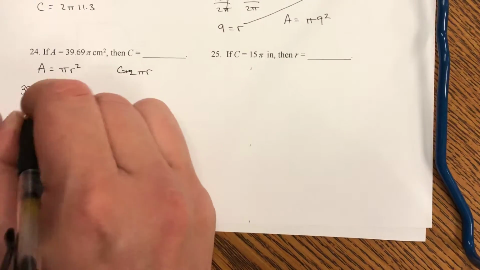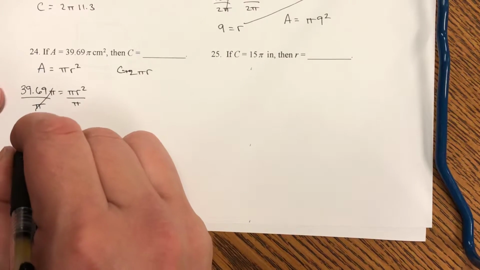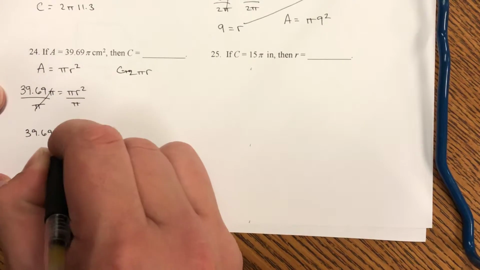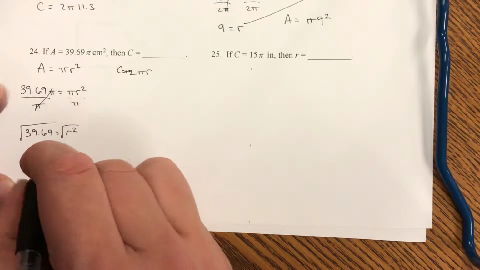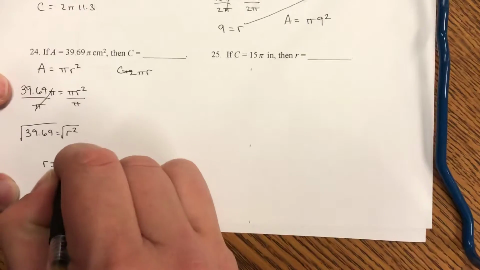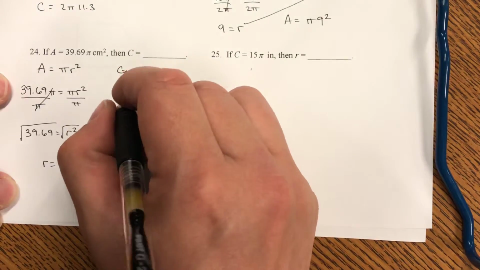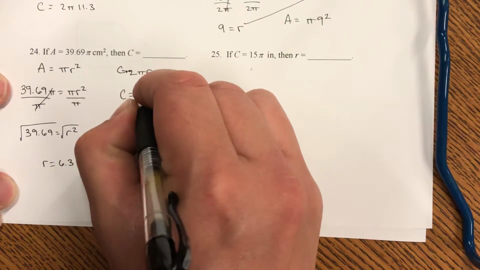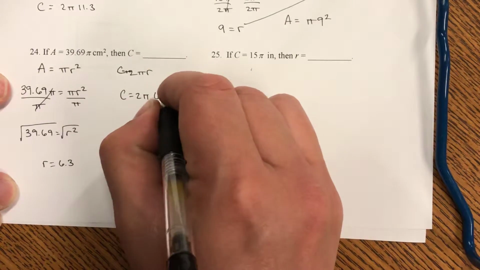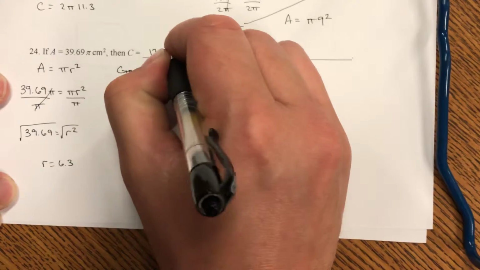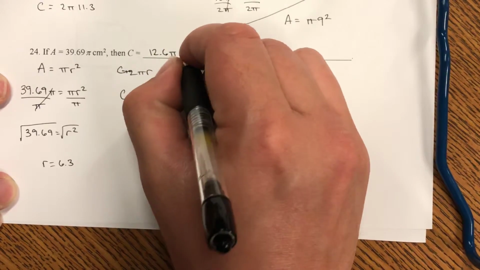Divide by pi to get r mostly by itself. So 39.69 equals r squared. Take the square root of both sides. That means r is 6.3. Come over here and plug r in. C equals 2 pi, my radius, which I just found, is 6.3. So that means my circumference is 12.6 pi centimeters.